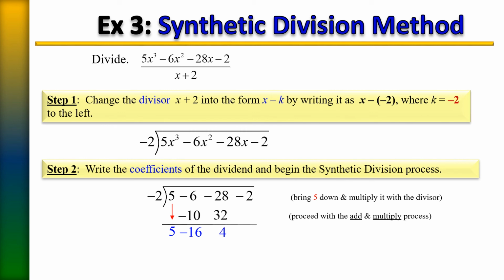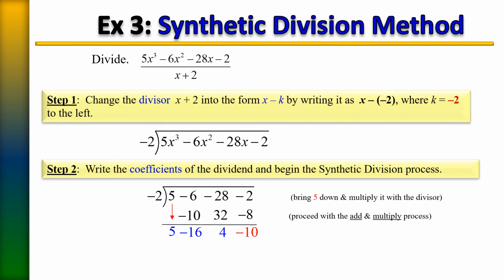Combine those terms. I'm going to bring down a 4, multiply that with -2 to get -8. Bring down a -10. Whatever number is at the end is always your remainder.